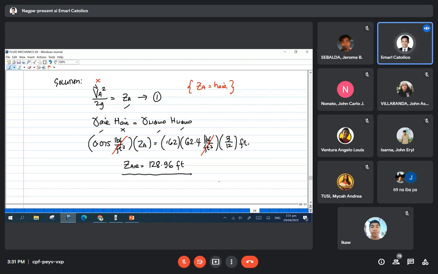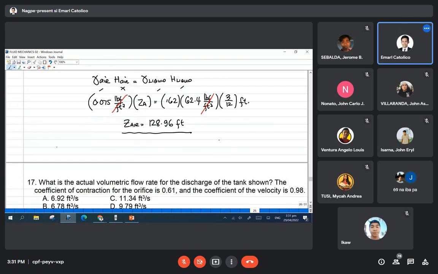Ang kukuha na natin si car speed or velocity ng air. So, velocity ng car or velocity ng air squared over 2G is equals to H ng ating air.